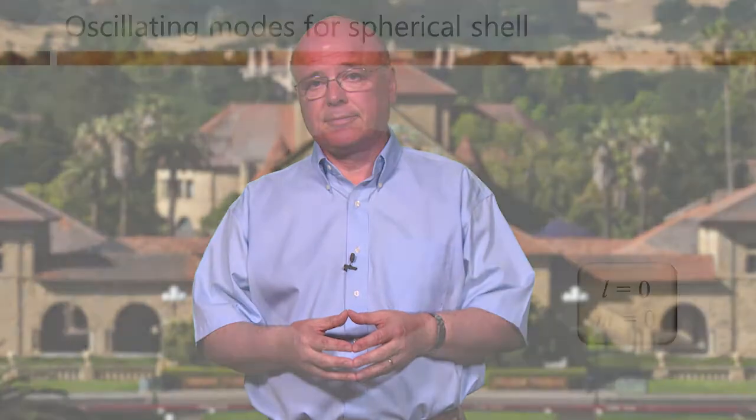Since the solutions corresponding to sines and cosines around this axis are merely rotated 90 degrees with respect to one another around that axis, we only need to understand one of these to understand the nature of the spherical harmonics. It's simple to construct the e to the i m phi solution from these. So let's look at several of these spherical harmonics, first as vibration amplitudes for a spherical shell.